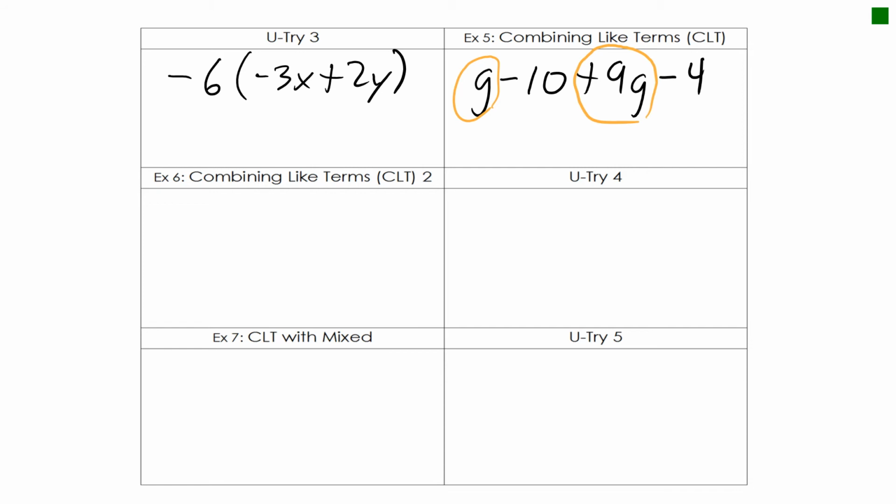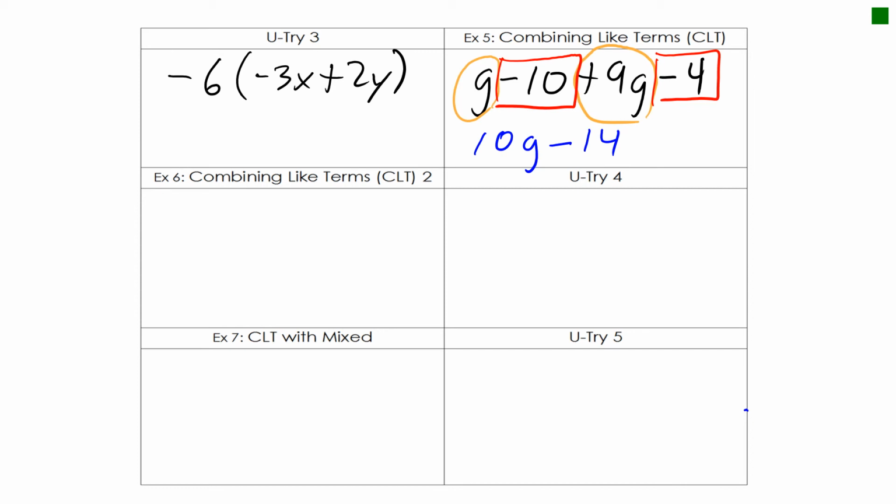Notice I circled the plus sign along with the 9g because that plus sign belongs to that 9g. And I'm putting a red box around the -10 and the -4 because they are like terms. And now I'm going to add together. g and 9g add up to 10g. -10 and -4 add up to -14. And I have simplified.